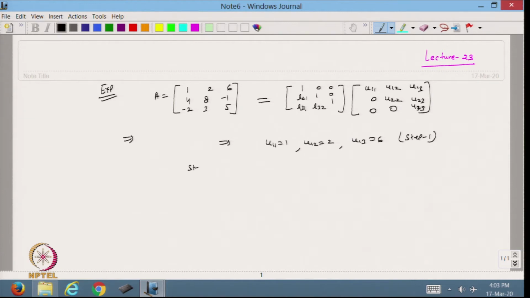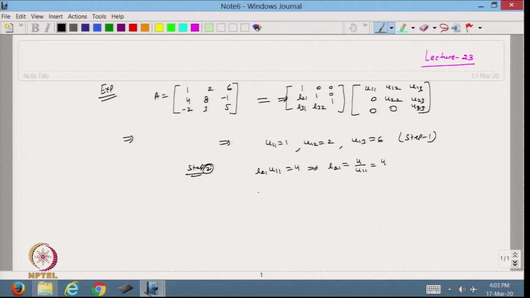Now, from step 2, if I take the second row, I get L 2 1 U 1 1 equal to 4, and from here I get L 2 1 as 4 by U 1 1, so it is 4. The next step is finding U 2 2.